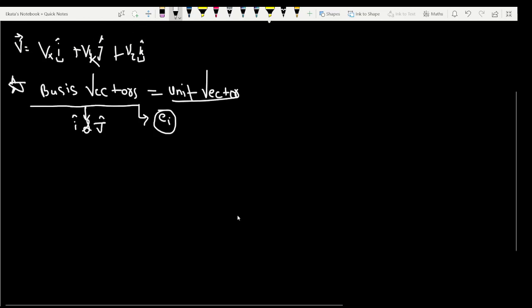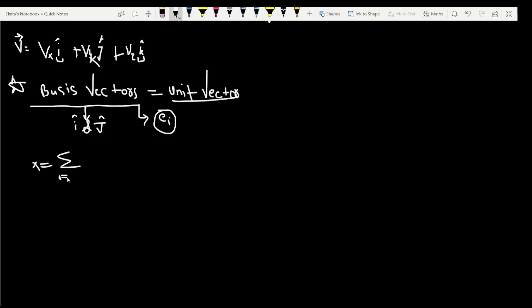So how can we represent a vector in an n-dimensional vector space with its components? Suppose x is a vector. The vector x in an n-dimensional vector space can be represented as the summation over i from 1 to n of e_i x_i. This is a representation of vectors in a basis, in a vector space.